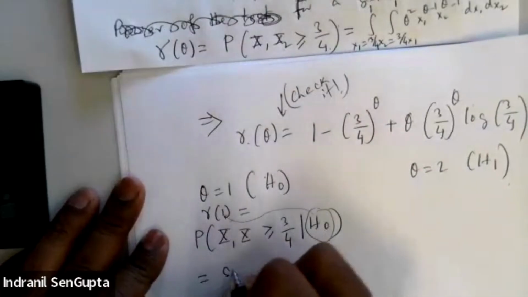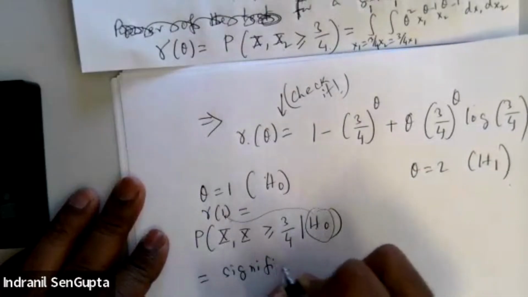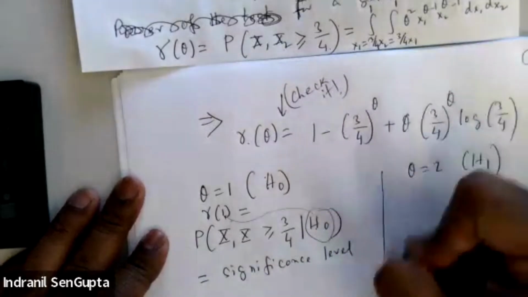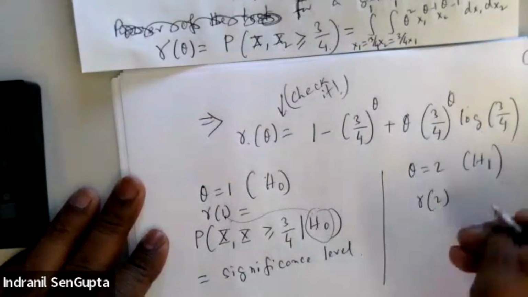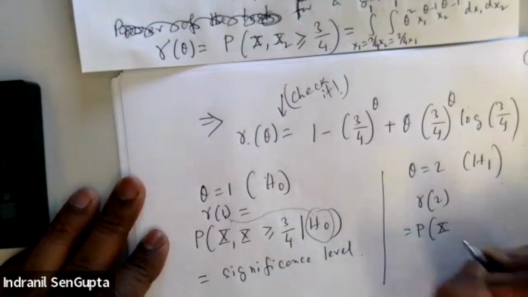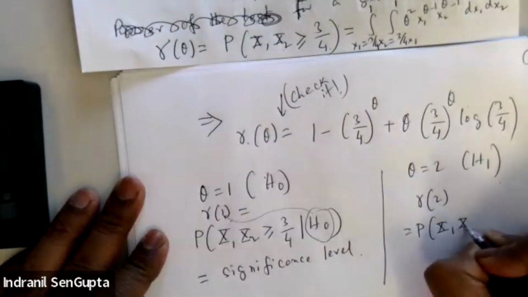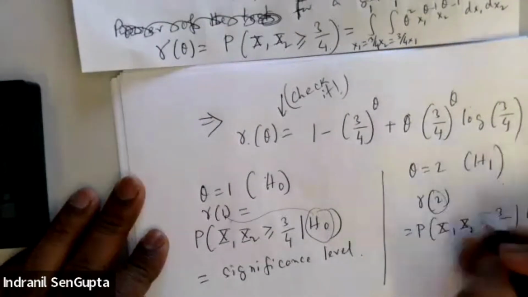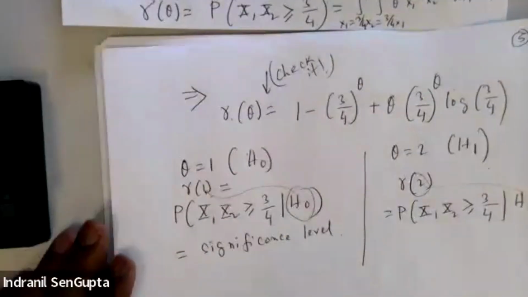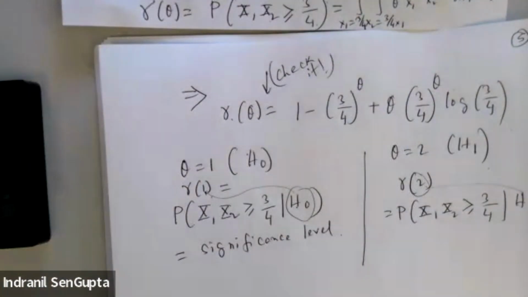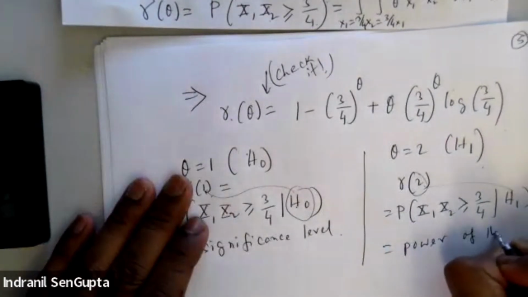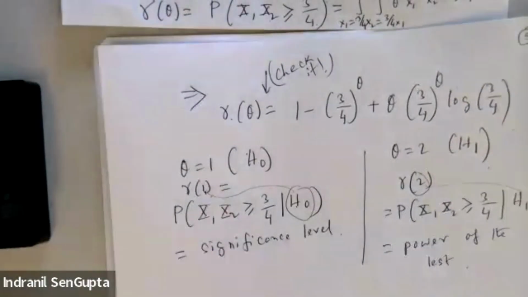So this is nothing but the significance level. Versus here, gamma of 2 is the probability of x1, x2 more than 3 over 4 under theta equals 2, the alternate hypothesis, h1. So this is the power of the test, right?